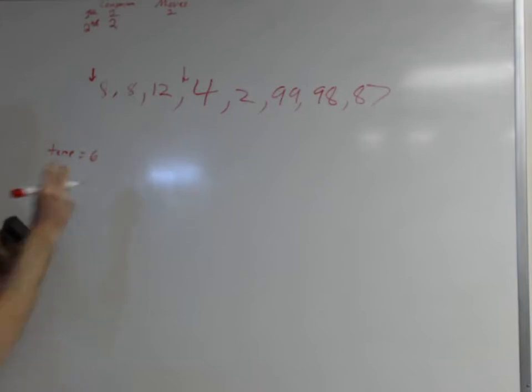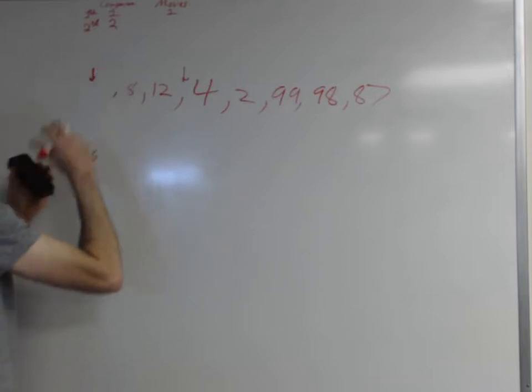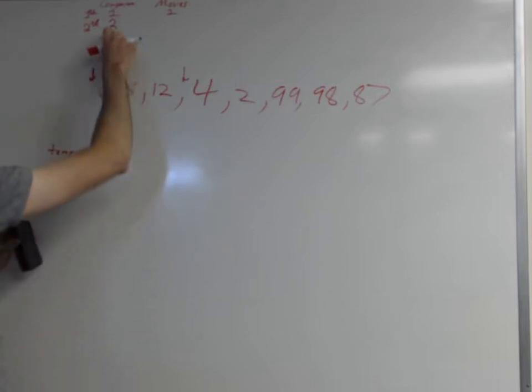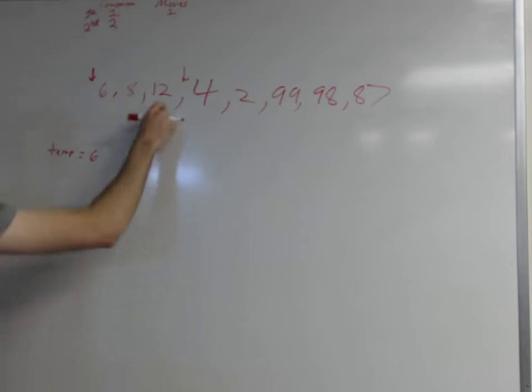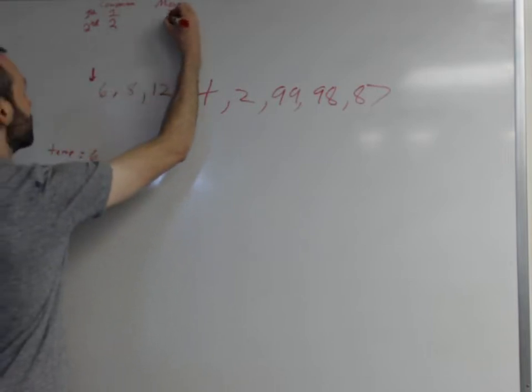And now that we've shifted everything over, what do we do? Put the 6 where the 8 is. All right, we did 2 comparisons. How many moves do we do, or assignments? 3.